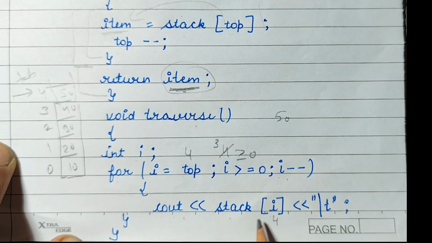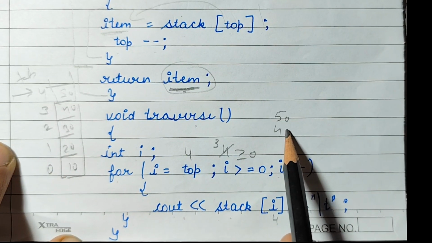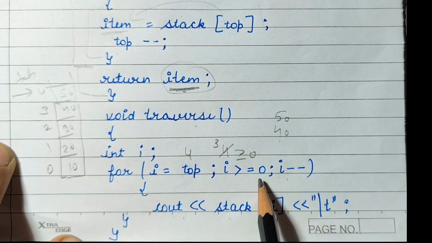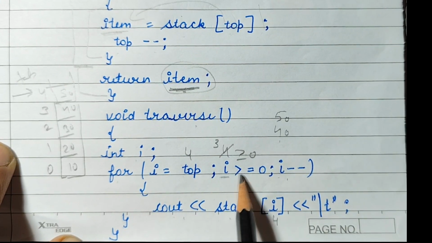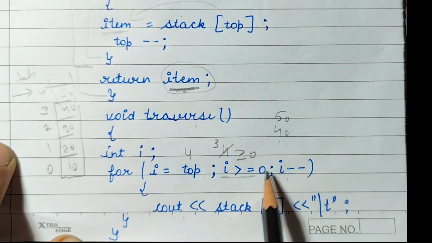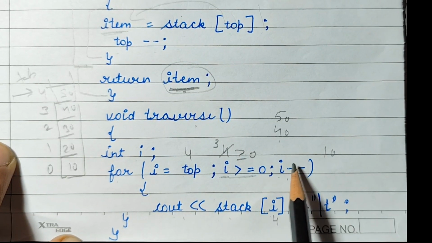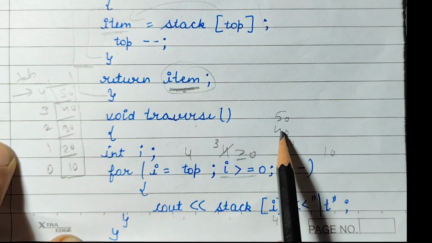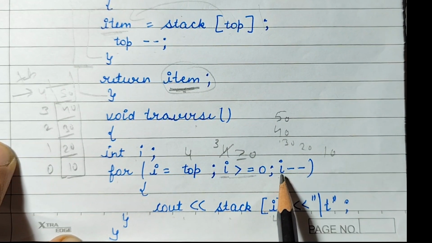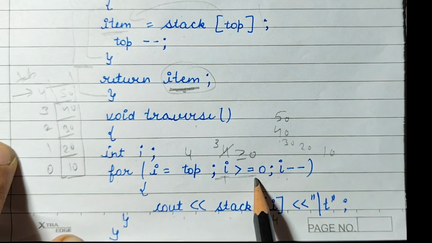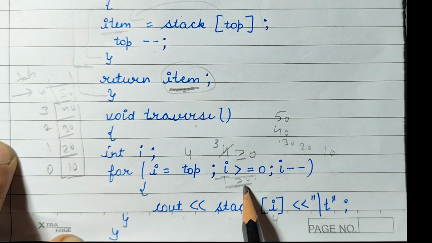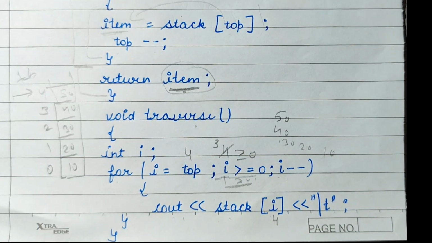Now cout stack of 3 means 40 will display, and in this way the loop is executed until i becomes 0, where 0 greater than or equal to 0 is true. In that case 10 will display. So all elements 50, 40, 30, 20 and 10 will display. And after 0, when i is decremented to -1, -1 greater than or equal to 0 is false in that case. So I hope all of you are clear.